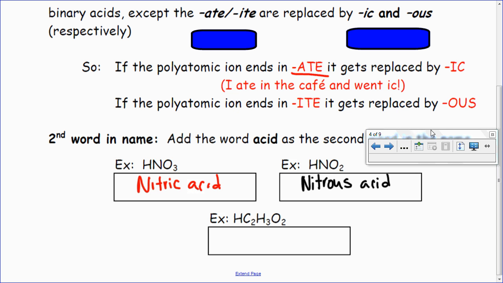And this one, the acetate ion, we don't say hydroacetatus acid. We just say acetic acid. Again, don't worry about these ones too much because they're listed in your references.